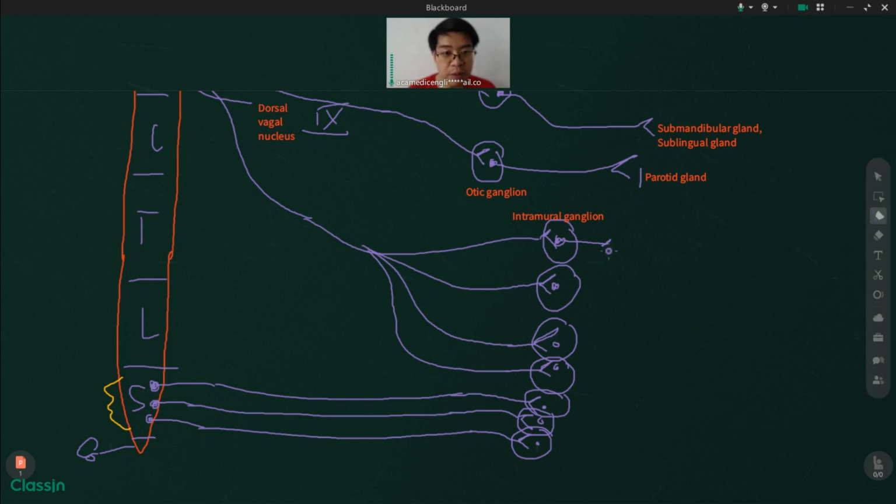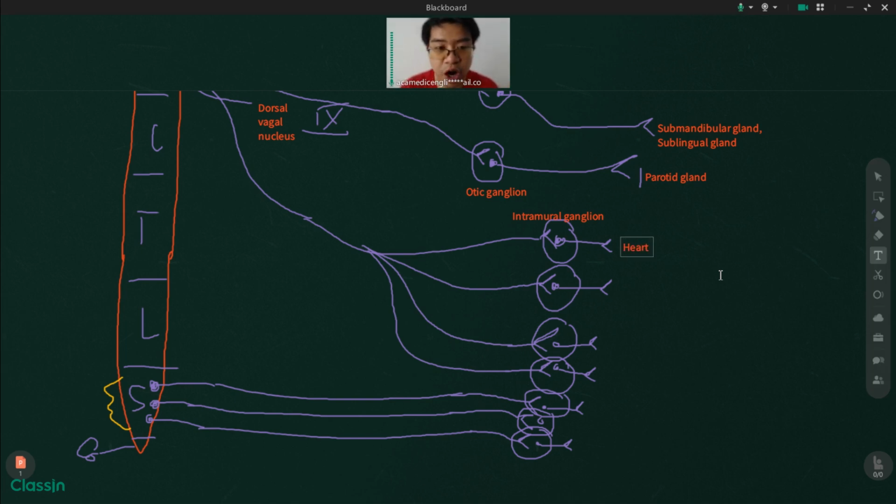So you can imagine the postganglionic neurons are going to be very short, like sometimes even millimeters short, or even less than that. Okay, because if you are already at the organ, then you don't have to have a long postganglionic fiber, right?